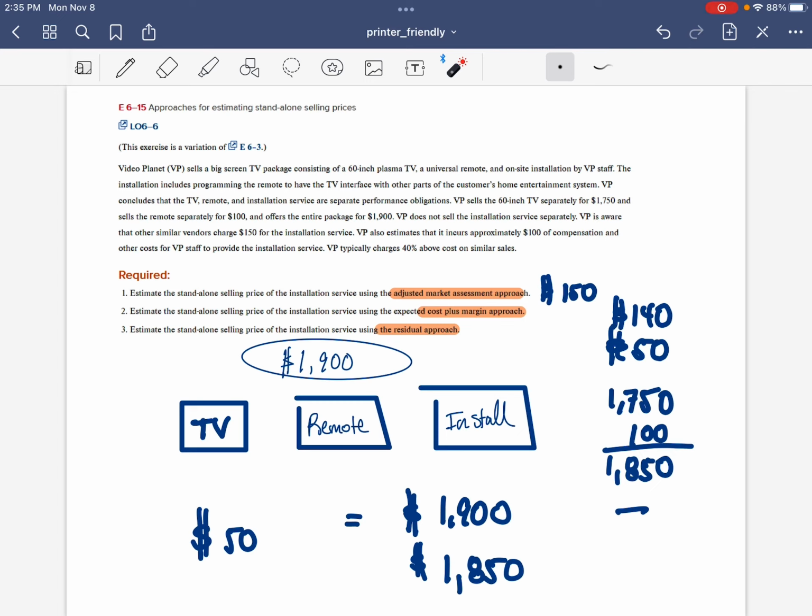We use the adjusted market approach, the cost plus margin approach, or the residual approach to estimate it. The answers to this question, 150, 140, and 50, are estimates of the standalone selling price. And if it's an estimate, there could be different estimates depending on the method you used.